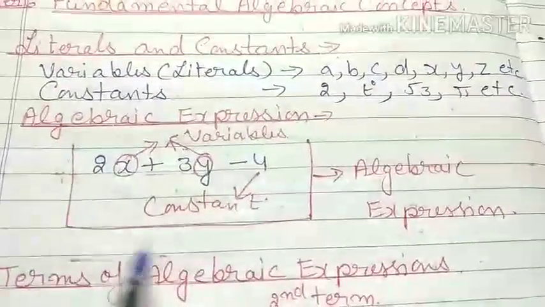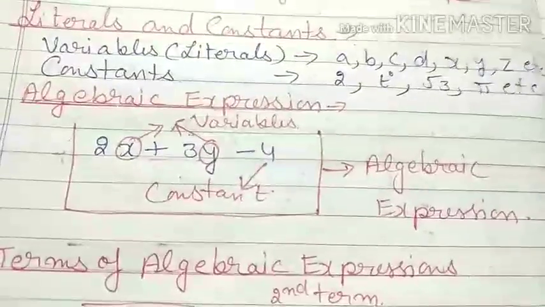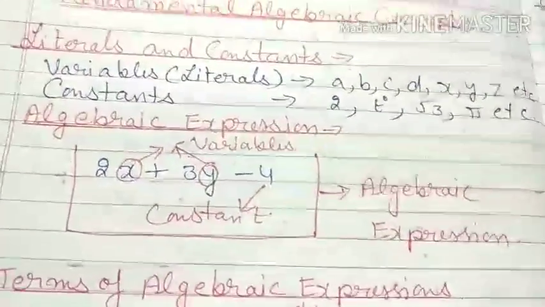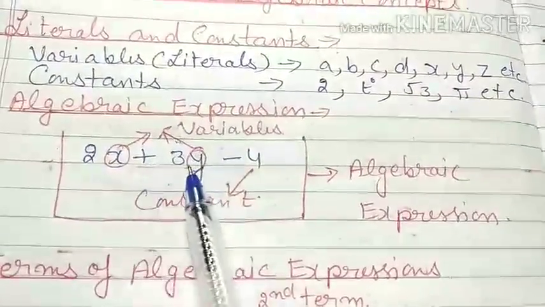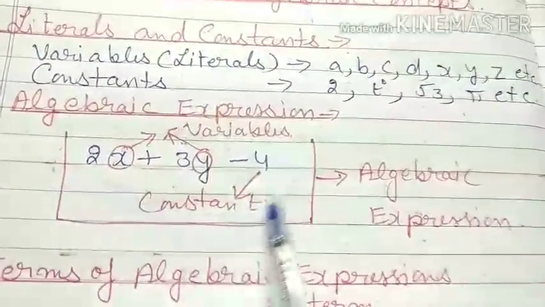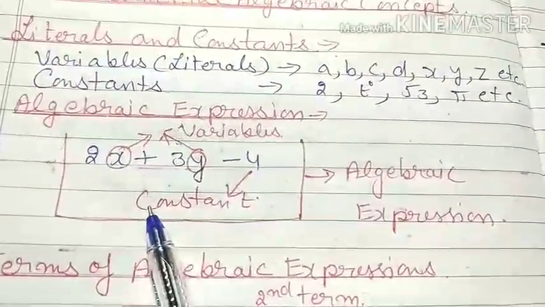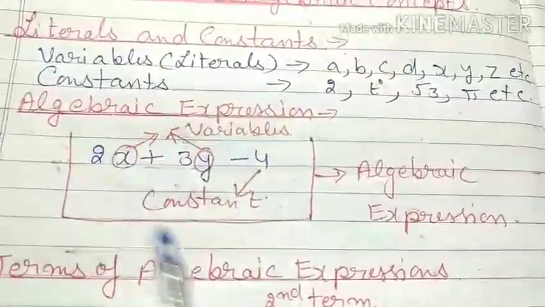An algebraic expression is a combination of variables and constants by the 4 arithmetic operations: plus, minus, divide, multiply. When you bind variables and constants by these operations, we call it an algebraic expression.